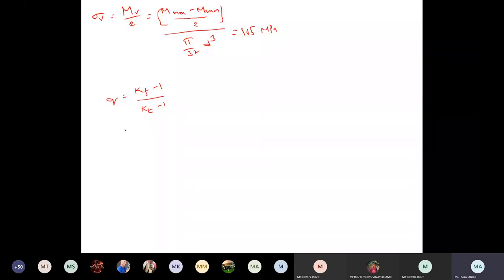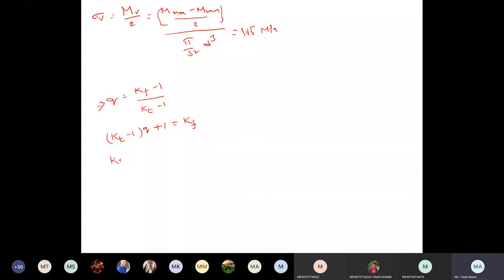Now what is Kf here? (Kt minus 1) into q plus 1 equals Kf. From the notch sensitivity relation, you will get the Kf value.